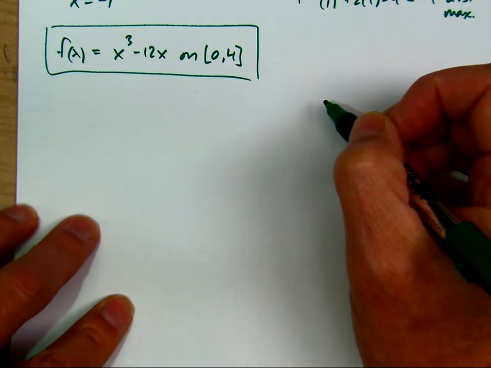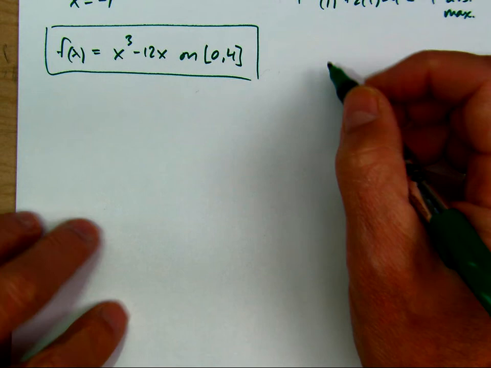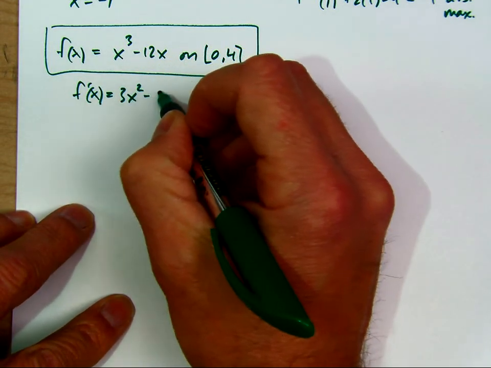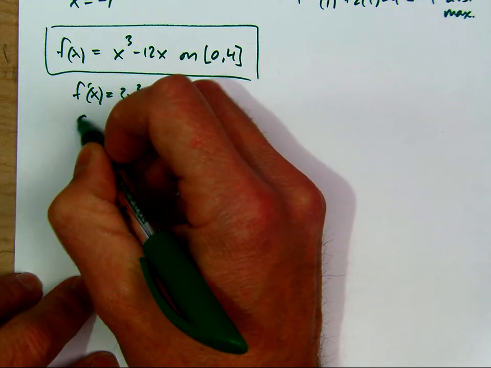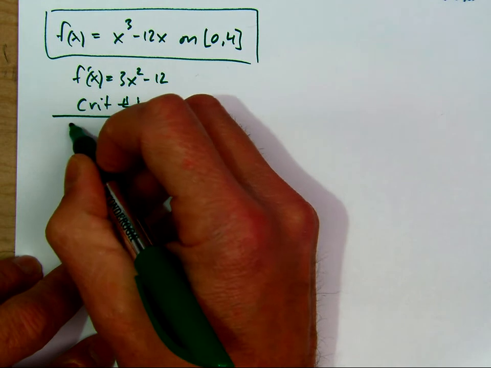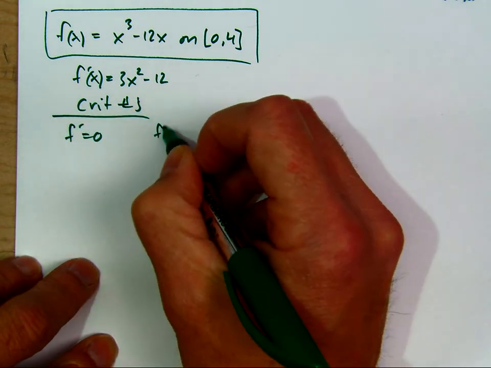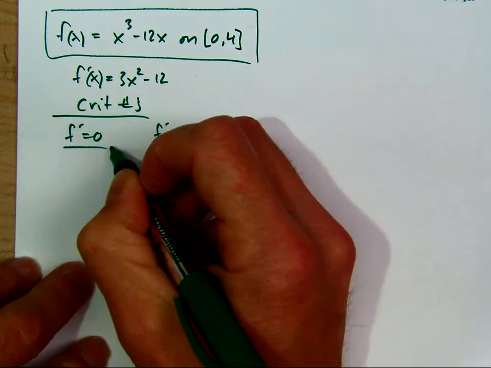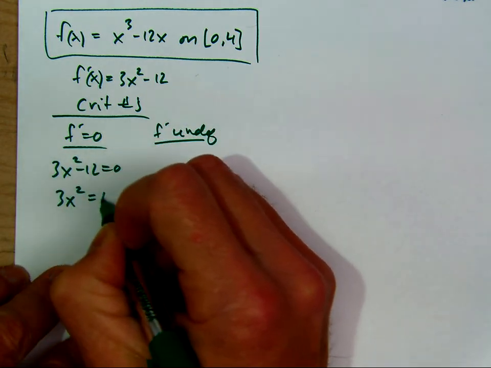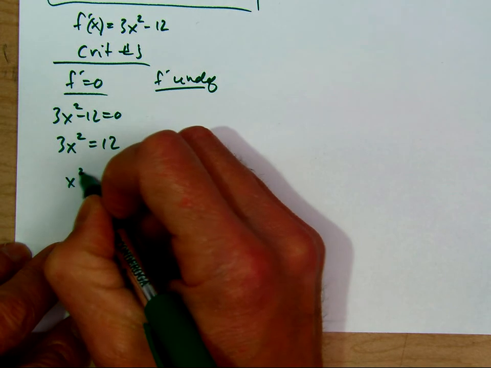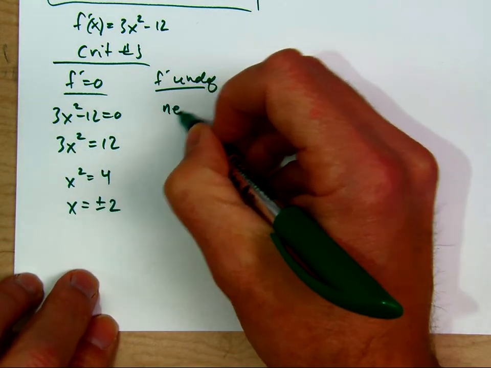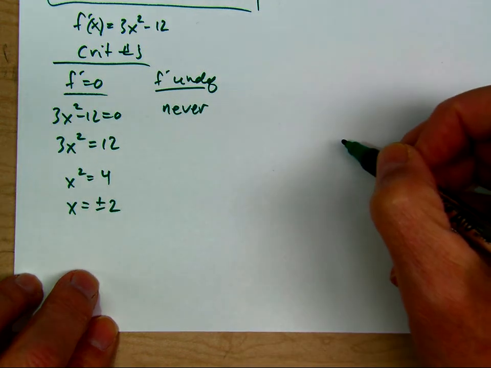All right, pause the video and try that one. Derivative, critical numbers, that's when f prime is 0, f prime is undefined. So f prime is 0 at positive or negative 2. It's a polynomial, so it's never undefined.